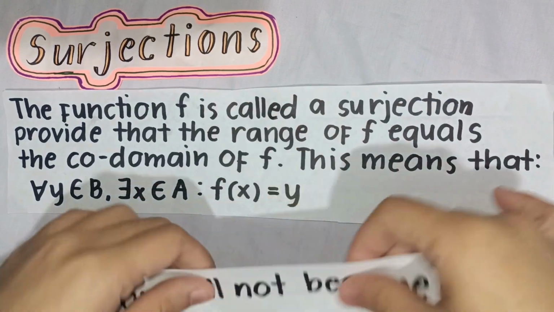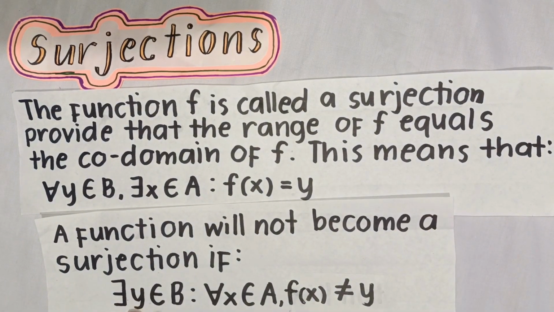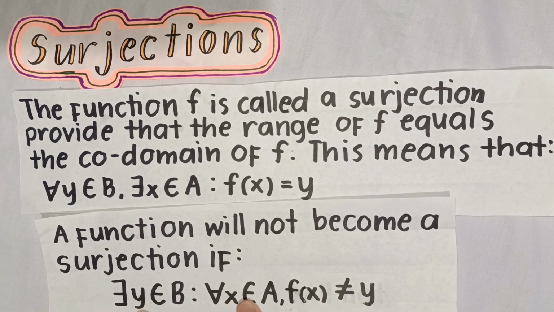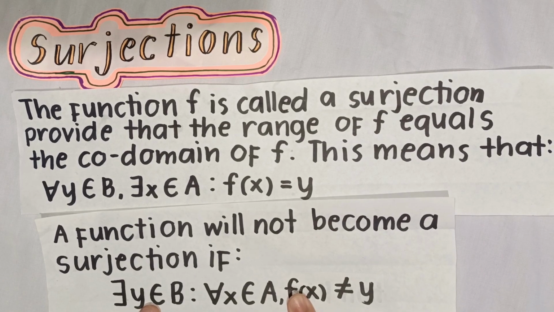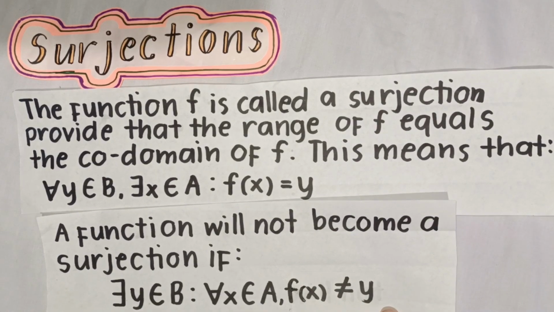A function will not become a surjection only if there exists a y in set B such that for all x in set A, f(x) is not equal to y. In here, we can obviously see that the existence sign is in set B. If that happens, the function is surely not a surjection.